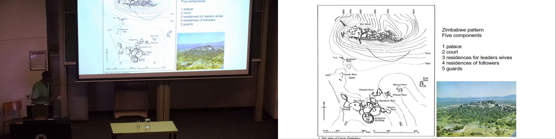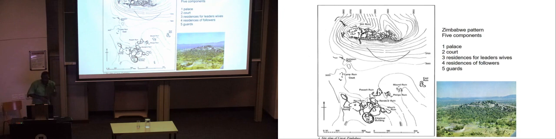Where were the followers? The followers, according to Huffman, were in this area here. And this perimeter wall divided the royalty from the commoners. So the commoners are in this area, the western part of the site. That's where they were resident, and then the elites were in this walled area.